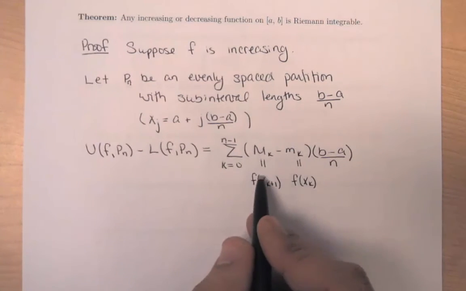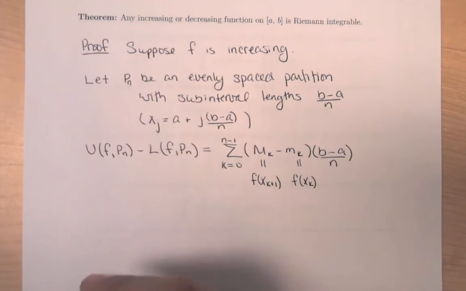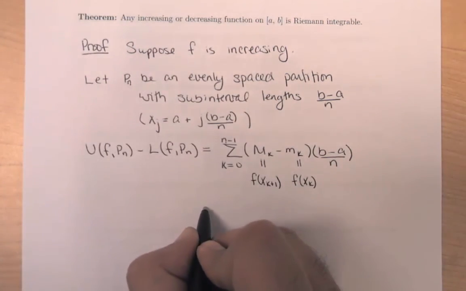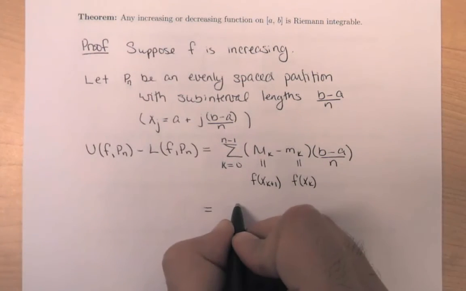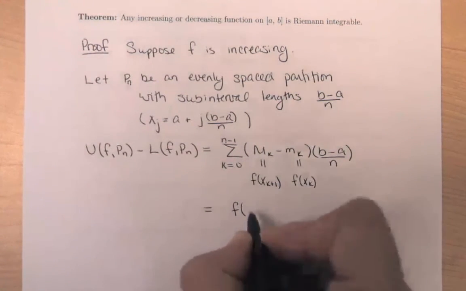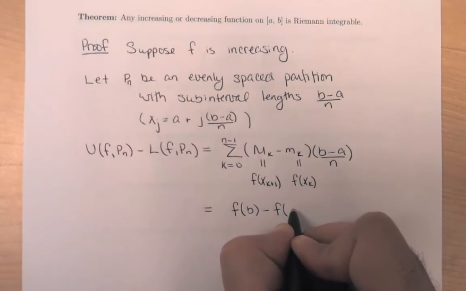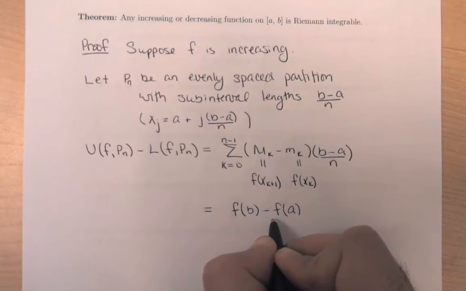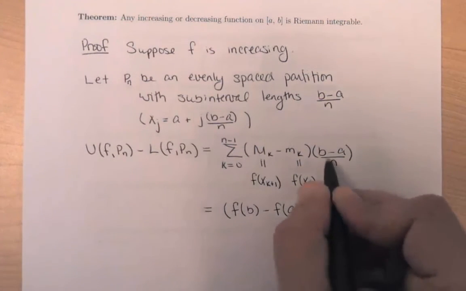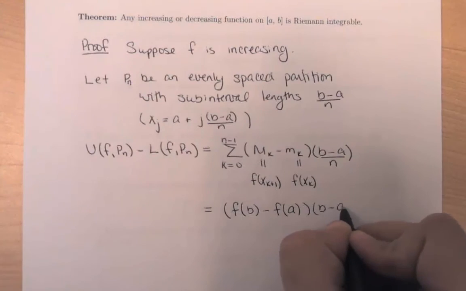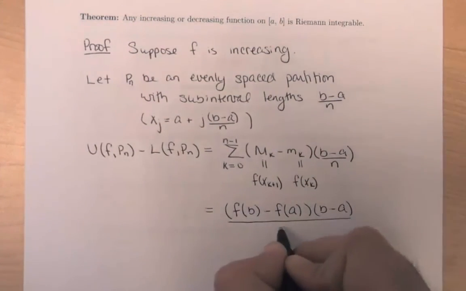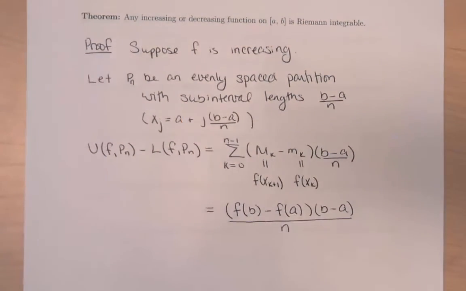So then what we have here is another telescoping sum. So this equals f of xn, which is f of b, minus f of x naught, which is f of a, times b minus a over n. Now notice that f of b and f of a are fixed numbers.